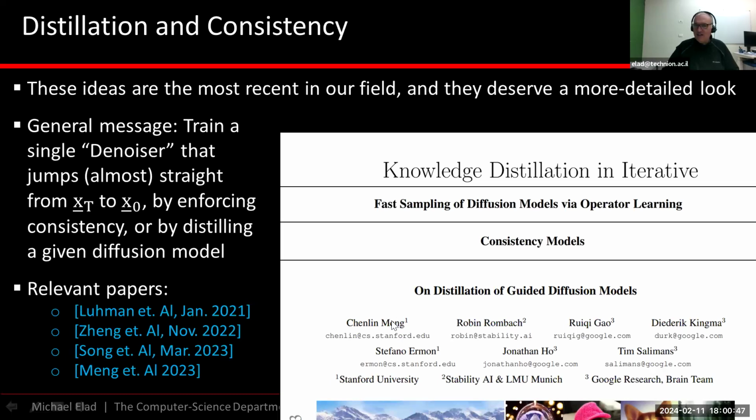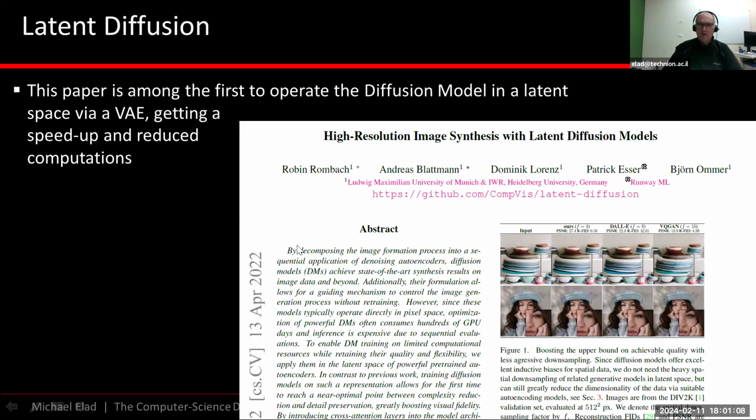Chenlin Meng, we have seen his name as well as a student at Stanford University. So basically a mixture of people from Europe and Stanford and Google. Okay, so these are the papers. And indeed, this deserves a chapter of its own. This is where I stop. Okay, let's talk about latent diffusion. This is the paper that was published, what, 2 years ago, April 2022.